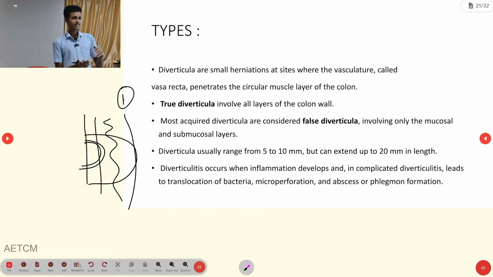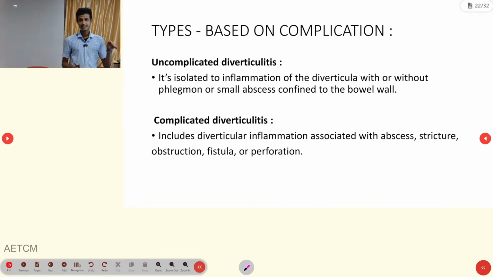Mostly, diverticula vary in length up to 5 to 10 millimeters, and can extend up to 20 millimeters. That is based on layer involvement. The second is based on complication, where we divide into uncomplicated and complicated.